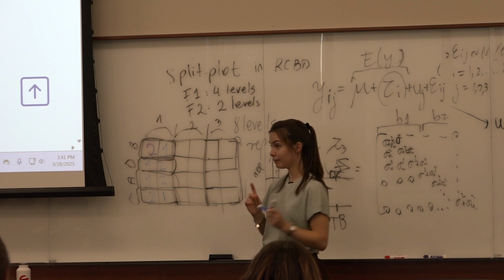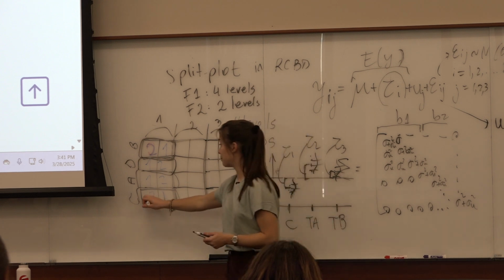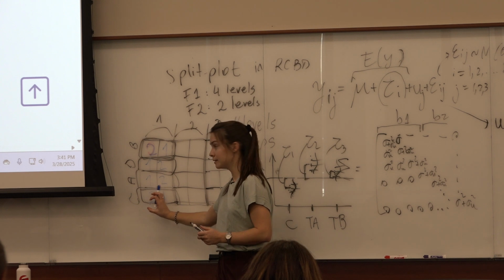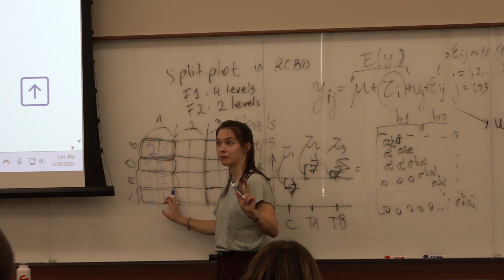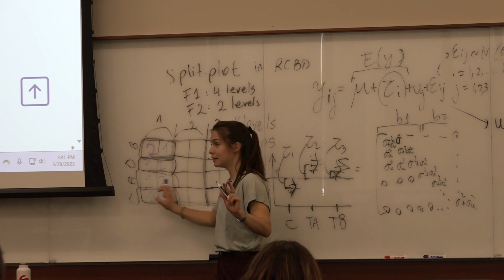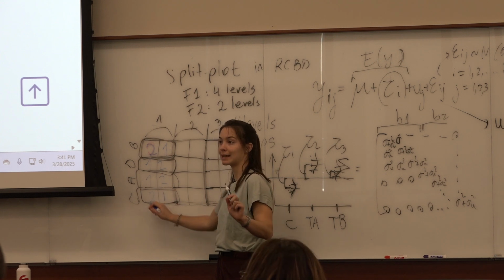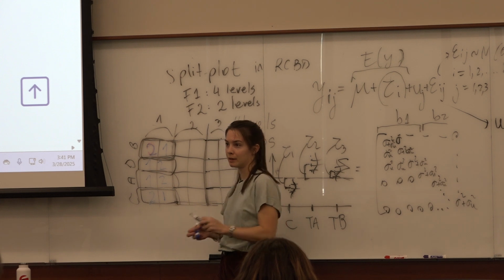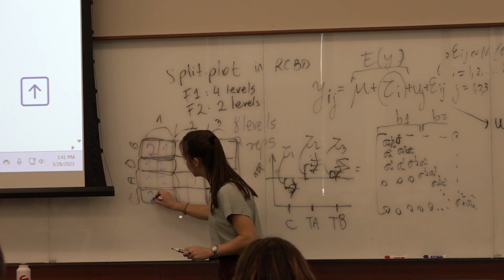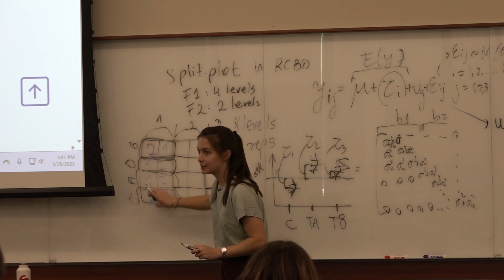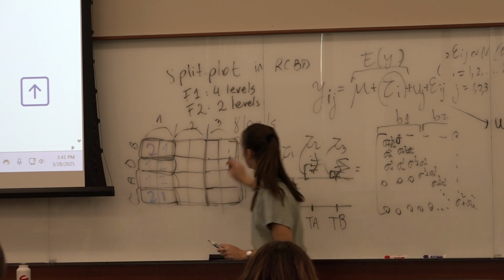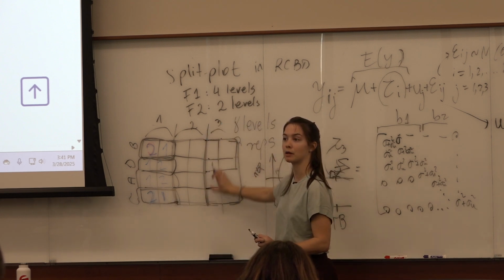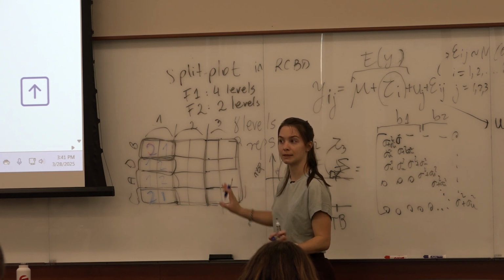And so you see that we randomize the blue ones, so the second factor, inside the other one. So this is like a mini block, right? When we are applying the blue treatment, we are randomizing inside this, just like before we were randomizing inside the block. Does that make sense?